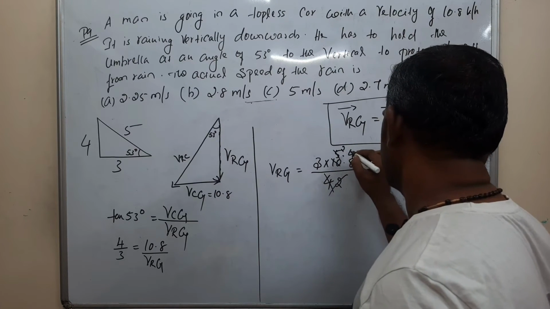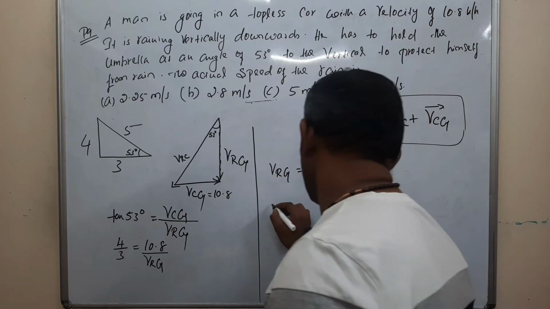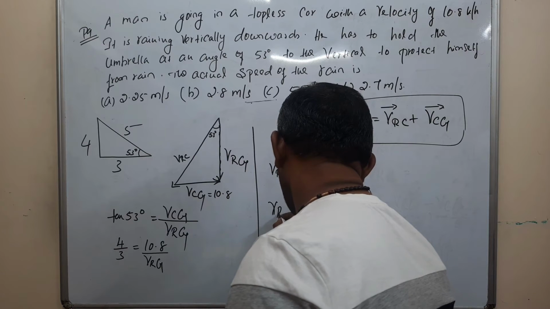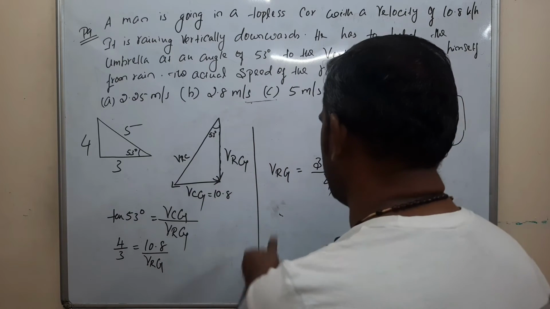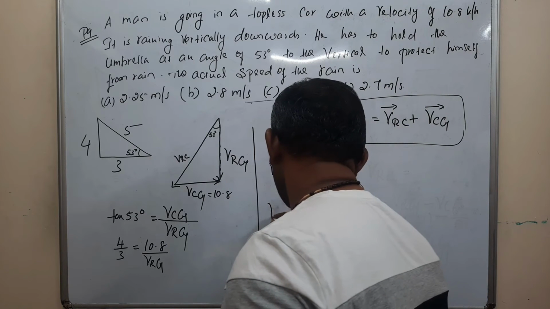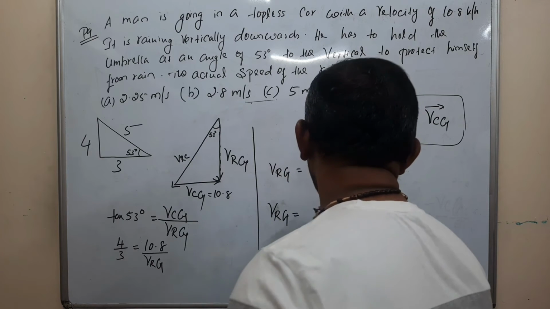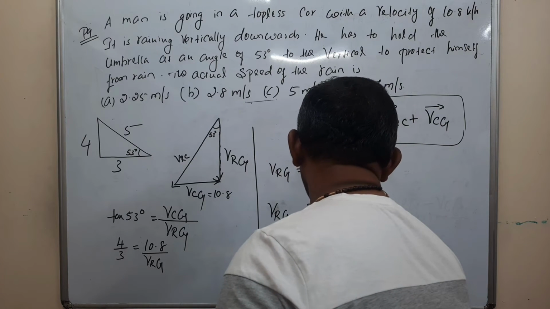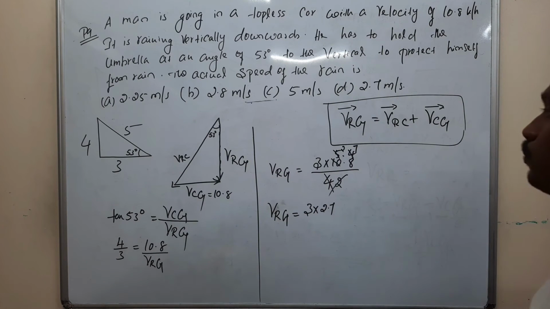So VRG is equal to... What is VRG? Velocity of the rain with respect to the ground. VRG is equal to 3 into 2.7.